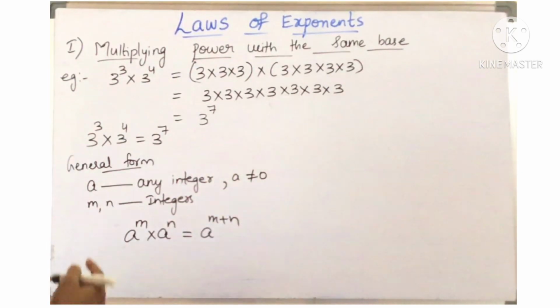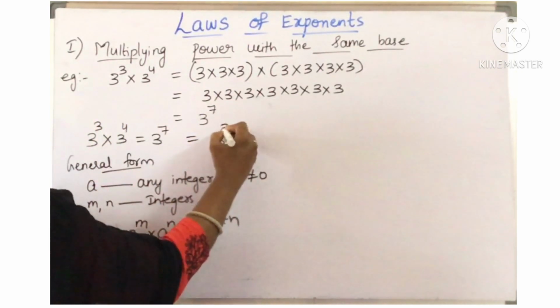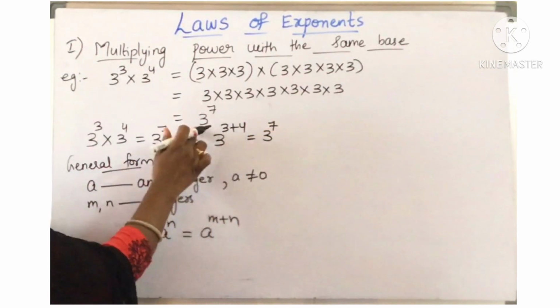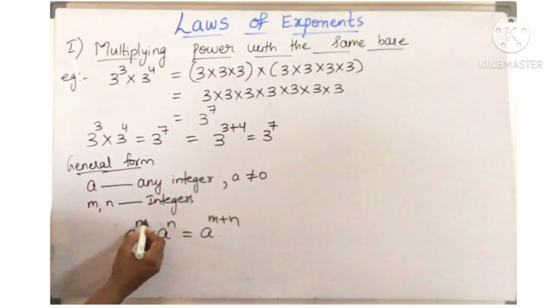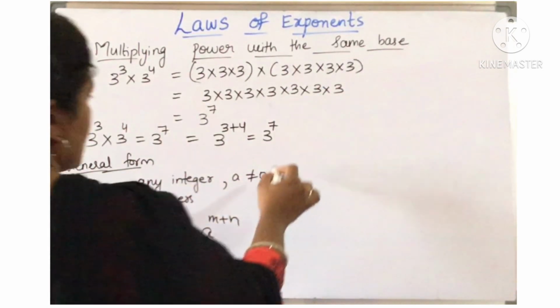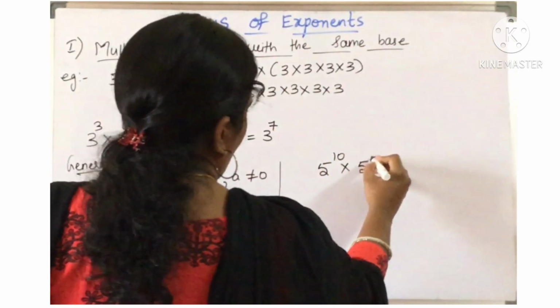Here if you observe 3 to the power of 3 and 3 to the power of 4, when you add the powers, 3 plus 4, you get 3 to the power of 7. The general form of this law is a to the power of m into a to the power of n equal to a to the power of m plus n. I can take another example: 5 to the power of 10 into 5 to the power of 15.